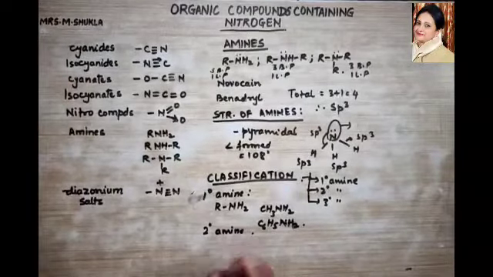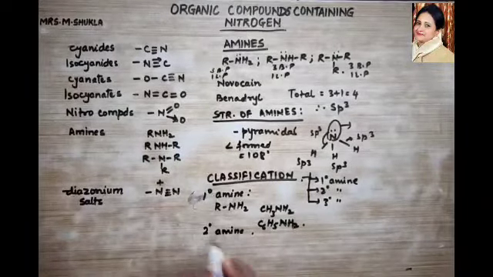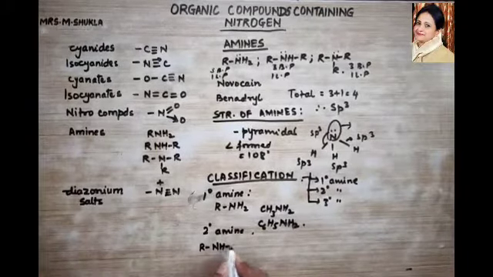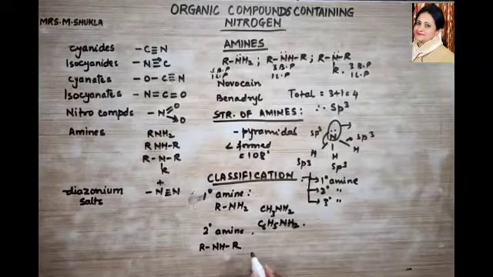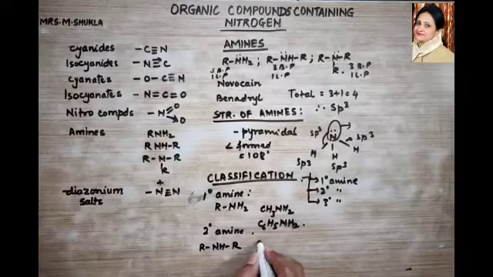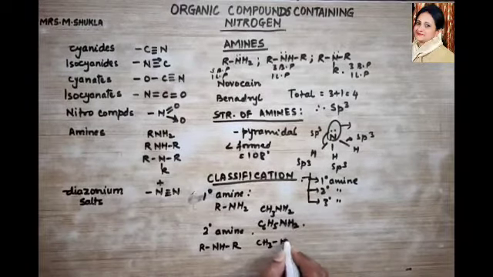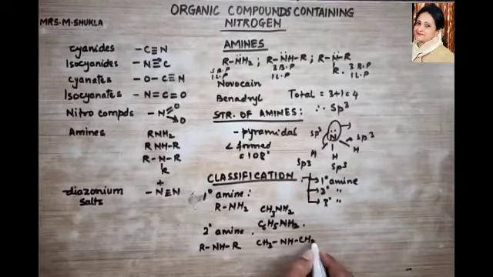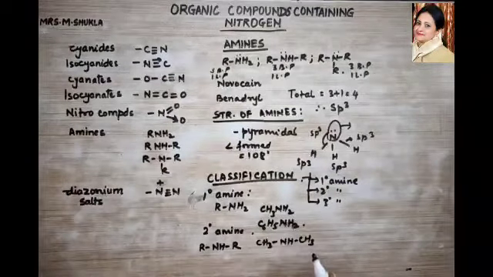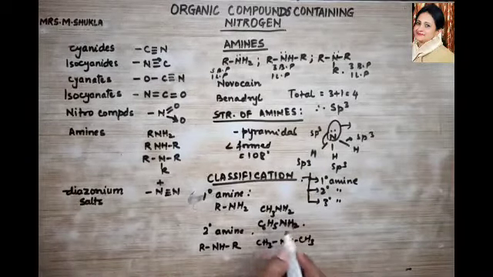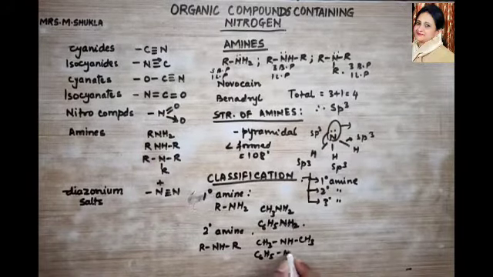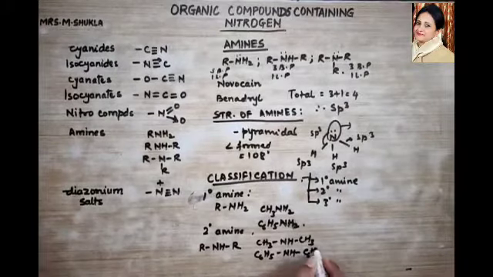Now let's talk about 2 degree amine. In 2 degree amine, obviously 2 hydrogen atoms are replaced. So look over here, your general formula is RNHR. An example is CH3NHCH3, or for your aryl or aromatic amine, C6H5NHC6H5.